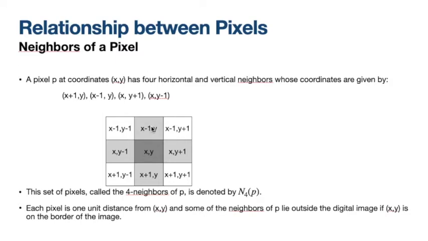Similarly, 8 adjacency. 8 adjacency means if this xy is P, any of these 8 pixels, if any of these 8 pixels is q, then it is 8 adjacent. So if this is p, and this x minus 1, y minus 1 is q, then that means this x minus 1, y minus 1 and xy are 8 adjacent.